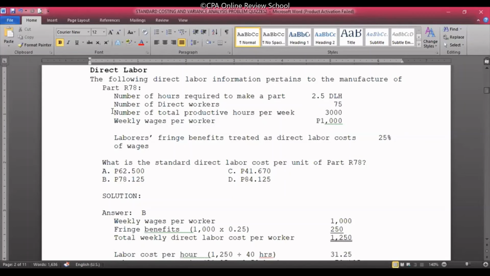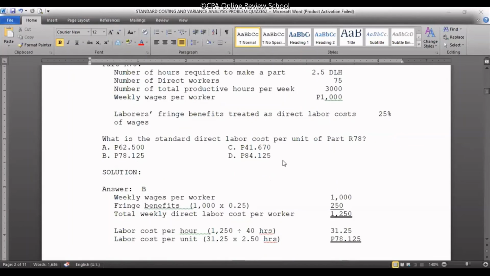Now, the number of your direct workers, you have 75. The number of total productive hours per week, 3,000. And then weekly wages rate of your workers, you have 1,000 pesos. Sabi niya pa nga may fringe benefit treated as direct labor cost. So, kasali yan mamaya. Dito siya sa solution. Kasali siya.